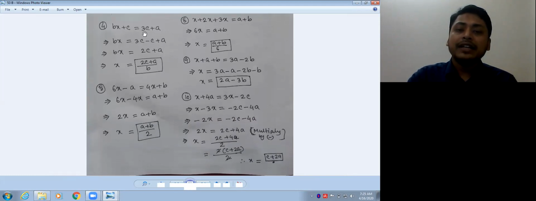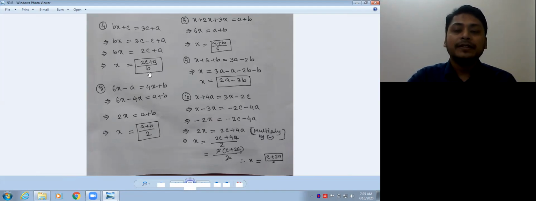Okay, you can write 3c plus a minus c also. That will be the same thing. But for my easiness, I just wrote this c with the 3c. It was plus, it has been minus. So bx equals 2c plus a. Therefore, we can write x equals 2c plus a divided by b.